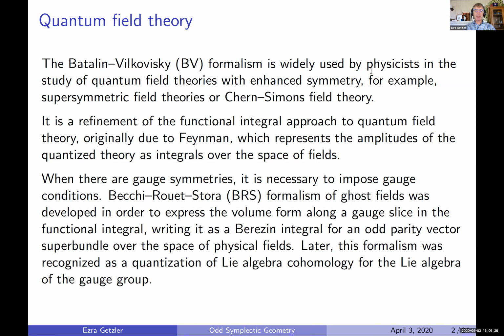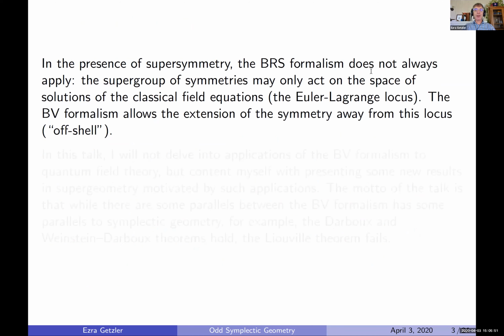Later, it was discovered that the Becchi-Rouet-Stora formalism was a quantization of Lie algebra cohomology for the Lie algebra of the gauge group. So all of that was known before the work of Batalin-Vilkovisky, and their work, in modern language, if you're into this, you could call it higher Lie algebroids on supermanifolds, or on differential graded supermanifolds. But I'm going to not pursue that point of view.